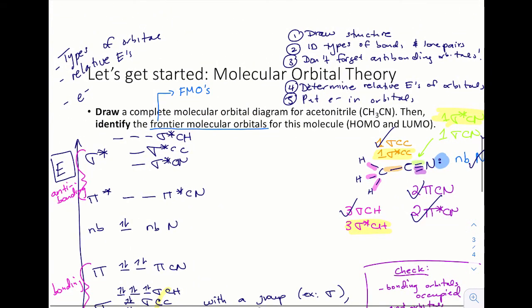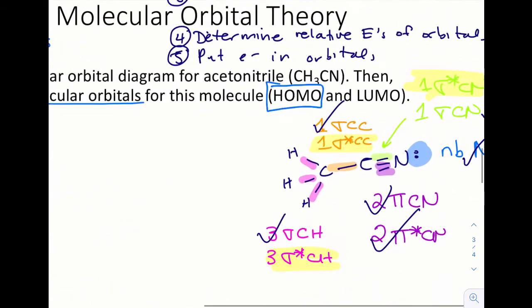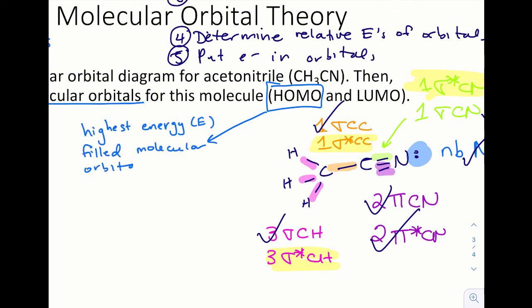Well, I will show you in a minute. HOMO, this is the highest energy occupied or filled molecular orbital. And then the LUMO is the lowest energy unoccupied or empty molecular orbital.